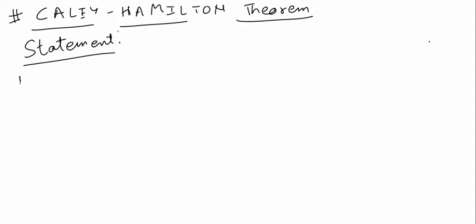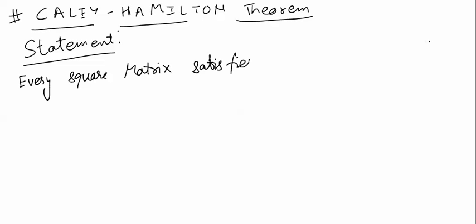What they saw was that every square matrix satisfies its own characteristic equation.